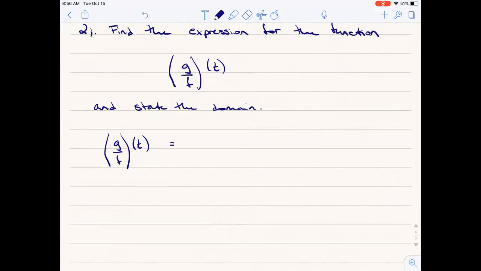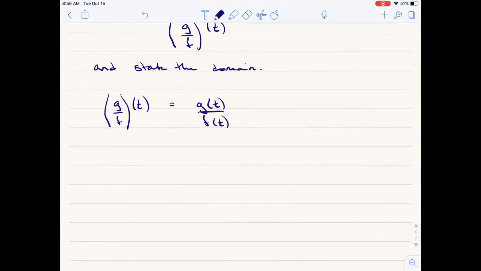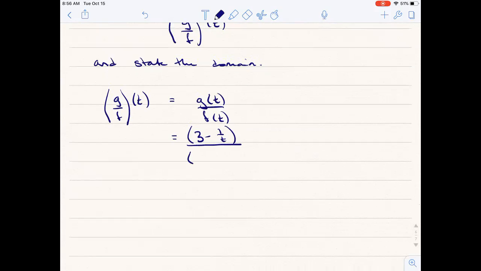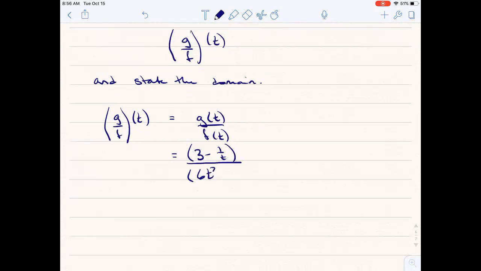From our little rule book, we know that we can rewrite this as g of t over f of t. g of t is 3 minus 1 over t, over f of t, which is going to have to be 6t squared minus 2t.